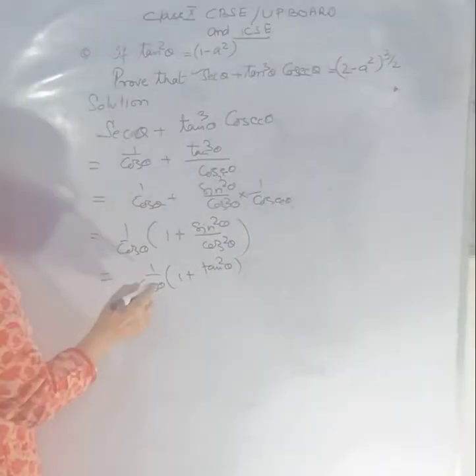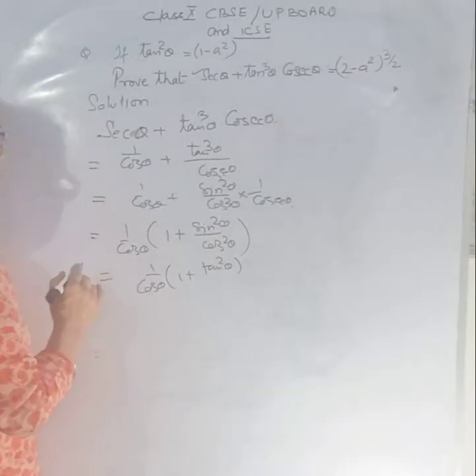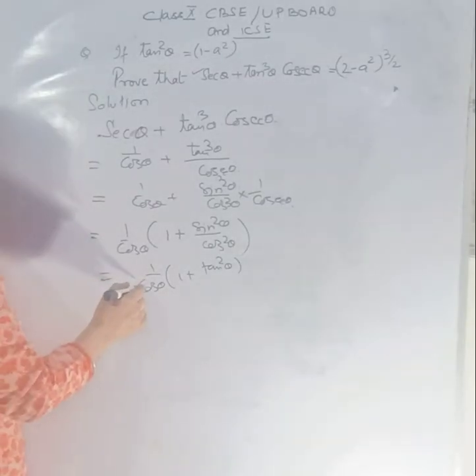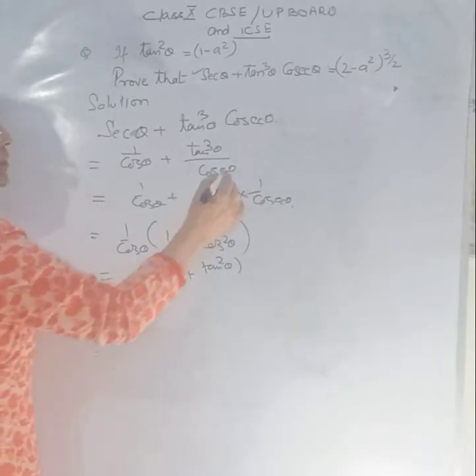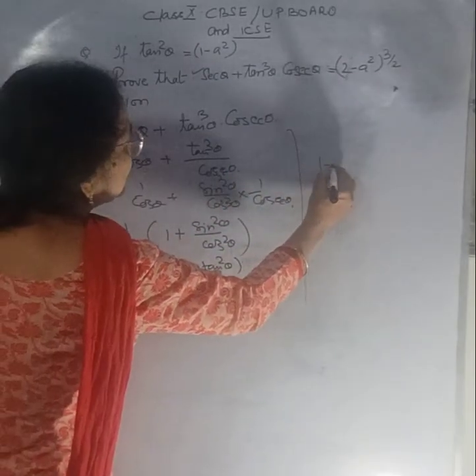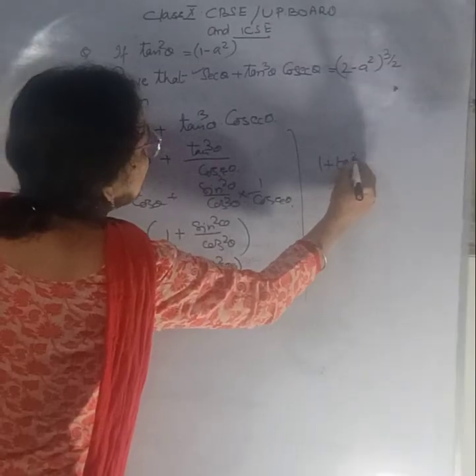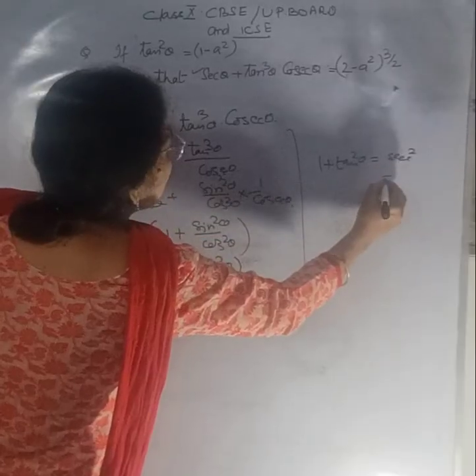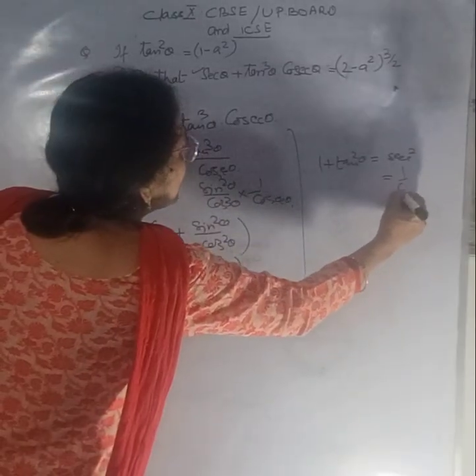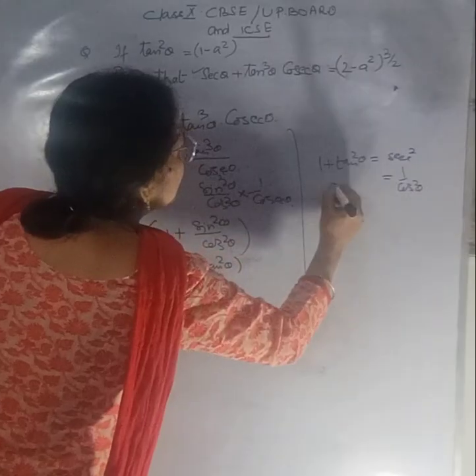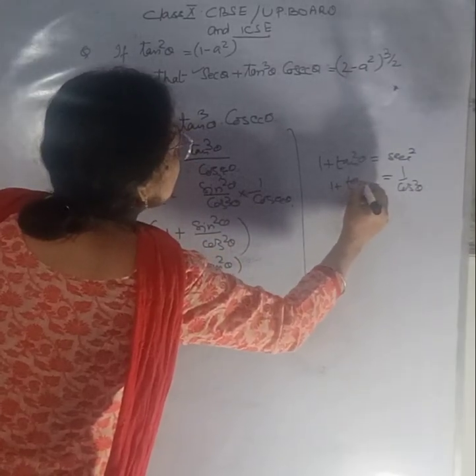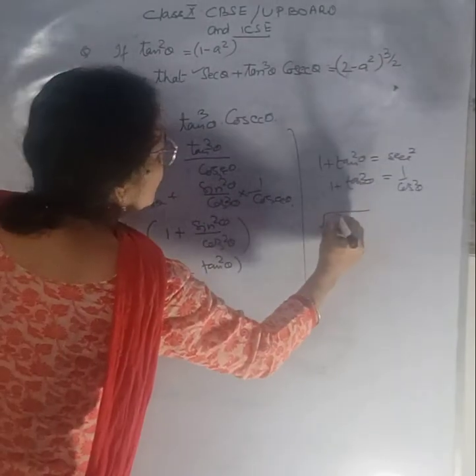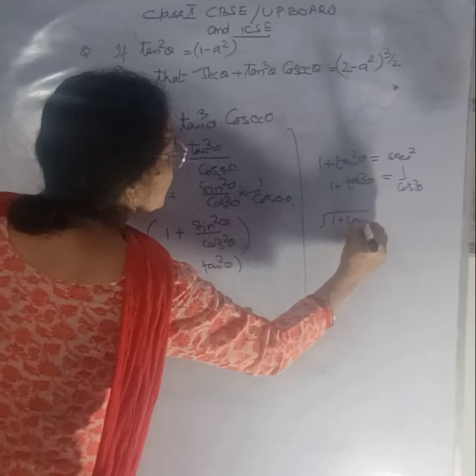Now this is converted in terms of tan square theta, but it is not yet in the form of tan theta. As you know, one relation is also known to us in trigonometry: 1 plus tan square theta is known as sec square theta. Here we have 1 upon cos theta, so we can say root of 1 plus tan square theta.